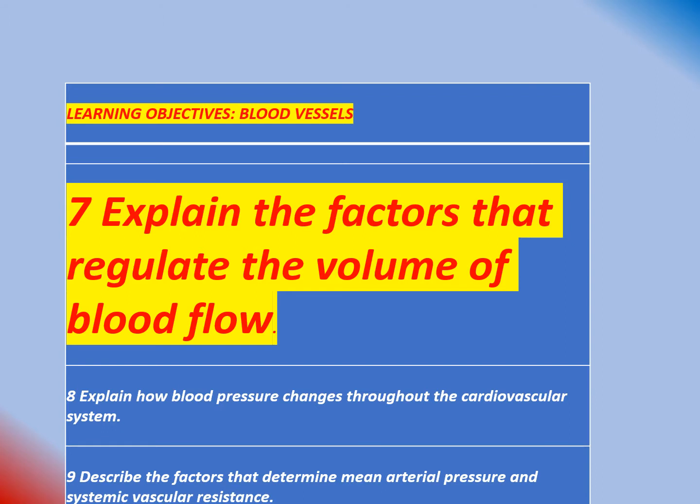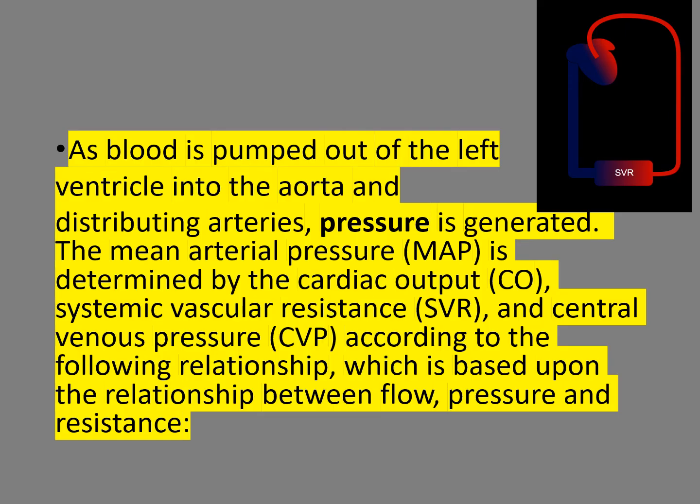Explain the factors that regulate the volume of blood flow. As blood is pumped out of the left ventricle into the elastic aorta and the distributing arteries, known as the muscular arteries, pressure is generated. The mean or average arterial pressure is determined by the cardiac output, how much liquid is pumped out per minute, and also by the systemic vascular resistance, how loose or how tight, how wide, how narrow those pipes are.